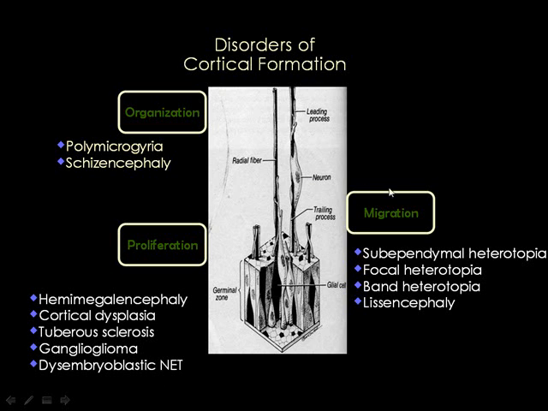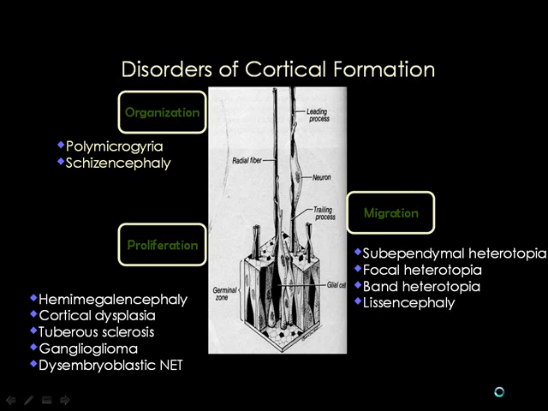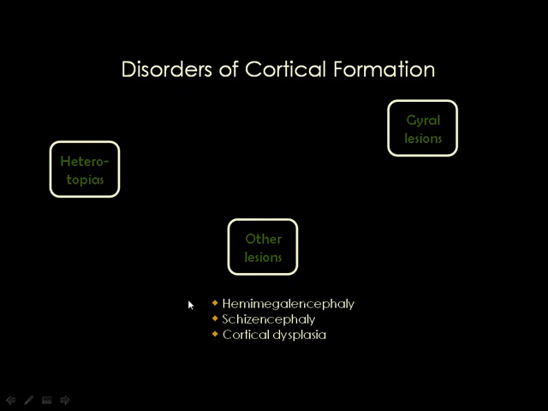Disorders of migration will include subependymal heterotopia, focal heterotopia, band heterotopia, and the lissencephaly. The disorders of organization include polymicrogyria and lissencephaly. This is my own classification just to remember these disorders in a simple way.